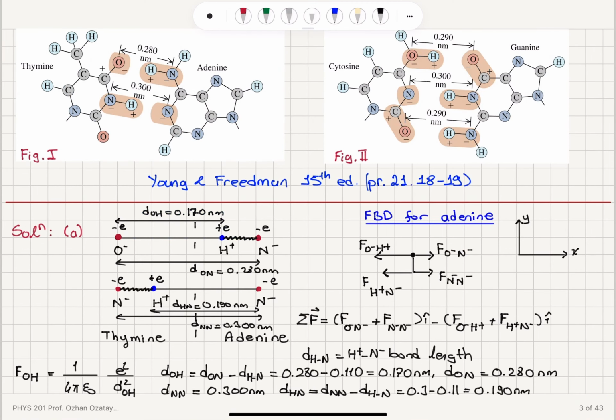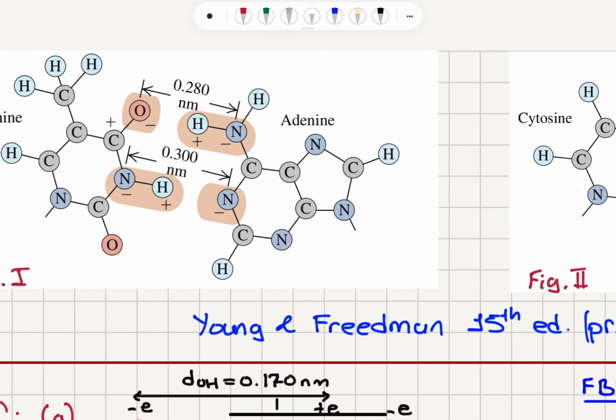Okay, so in this problem, we looked at the bonding force between adenine and thymine molecules, considering that we only have oxygen, hydrogen, nitrogen, and nitrogen, hydrogen, nitrogen parts in interaction and forming parallel lines here on a line. So I call this axis the x-axis basically.